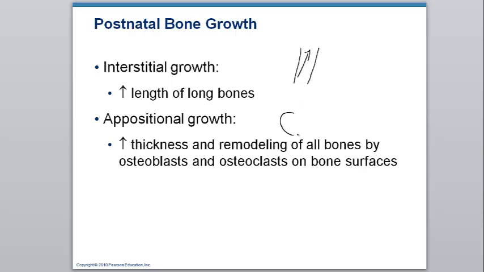If you take appositional growth, okay, the growth is from outside. So the girth of the bone is increased. The thickness of the bone is increased. This appositional bone growth you can see very much when you work out.